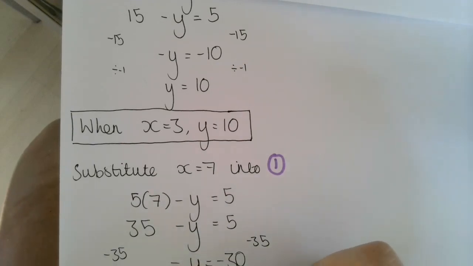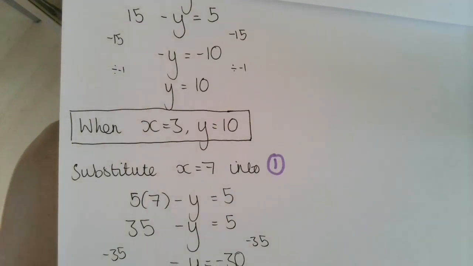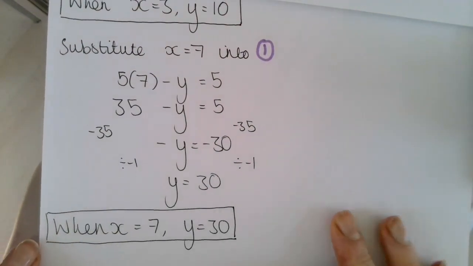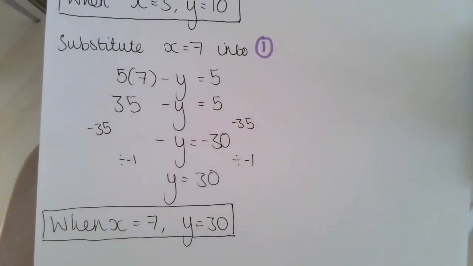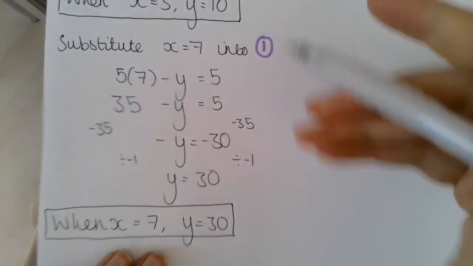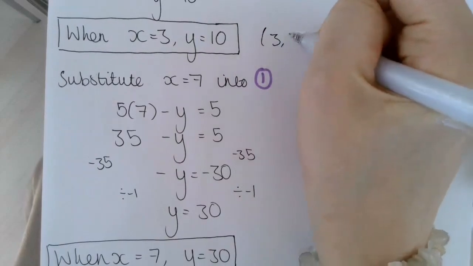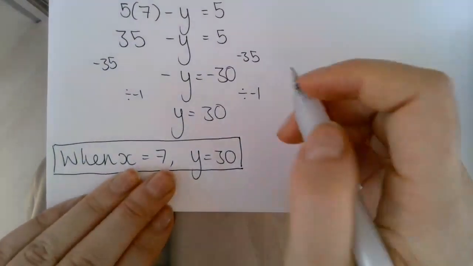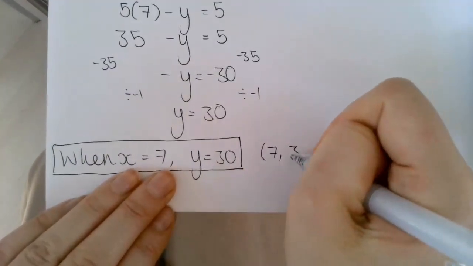Divide by minus 1, and I get y equals 30. So when x equals 7, y equals 30. And that is our second solution. Now if you look back on the graph on GeoGebra, you should see that our 2 intersection points were 3, 10 and 7, 30.